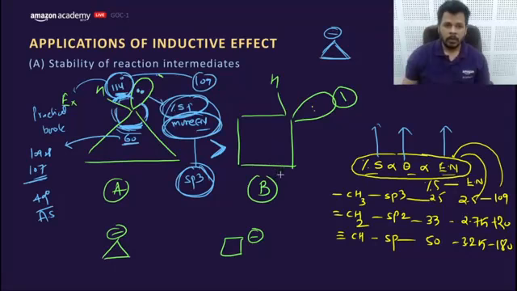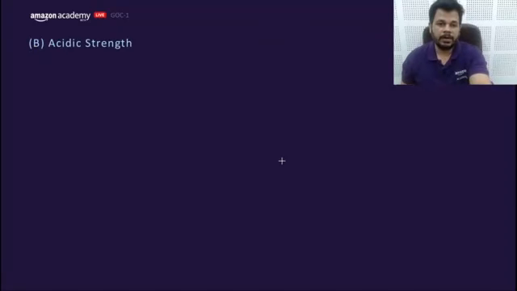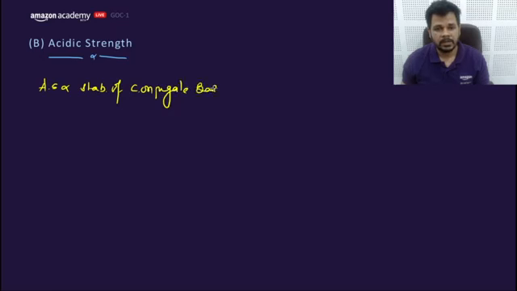Okay, so this is stability of intermediate. Let's move to the next application of inductive effect, that is acidic strength. What is acidic strength? How will you compare it through inductive effect? Acidic strength is directly proportional to the stability of the conjugate base, which is generally negatively charged.